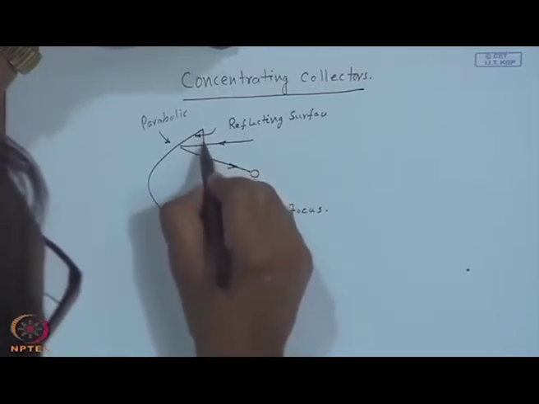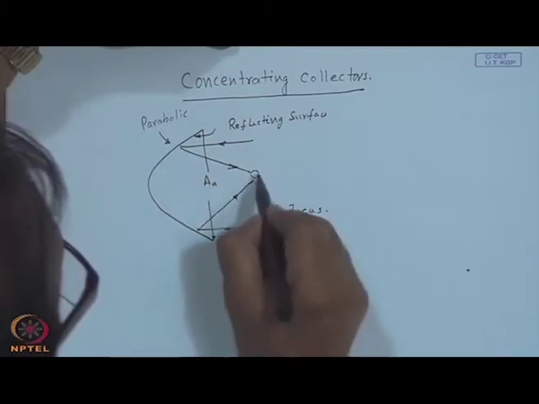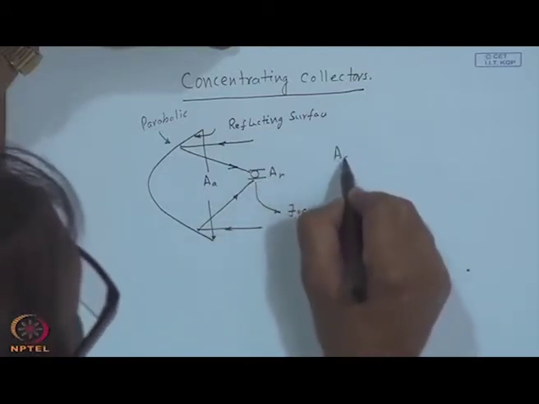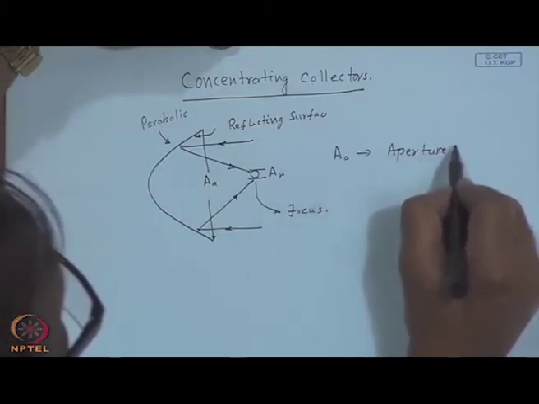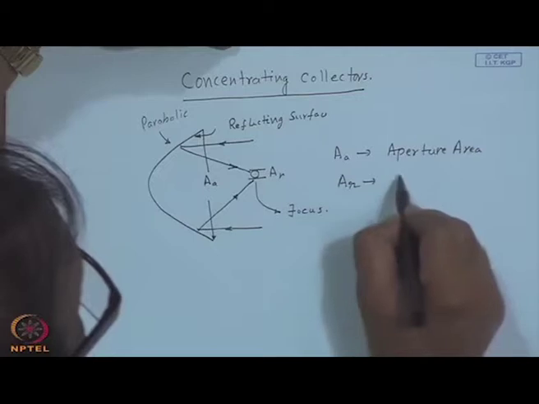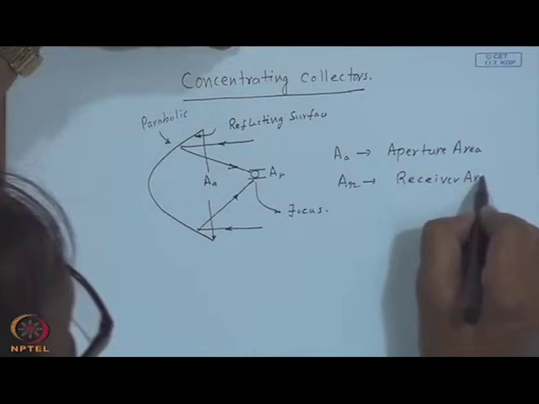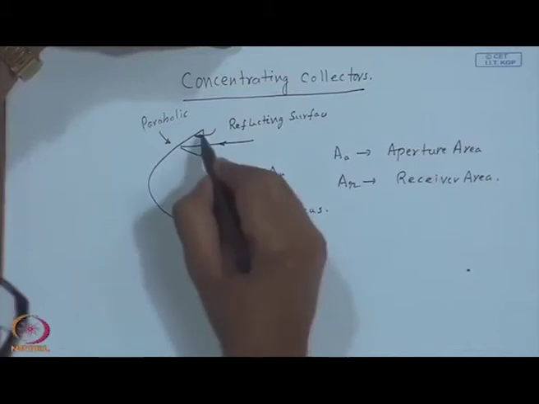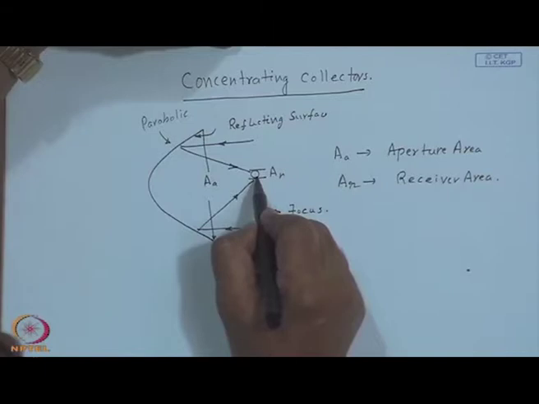Now, to fix the idea, let this projected area be AA, the aperture area, and let this be AR, the receiver area. Okay. So, whatever radiation is received by this aperture is reflected onto AR.